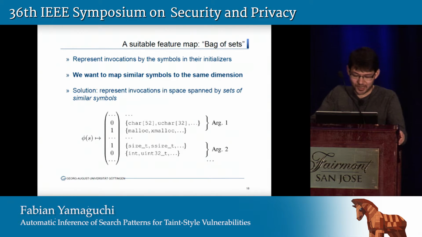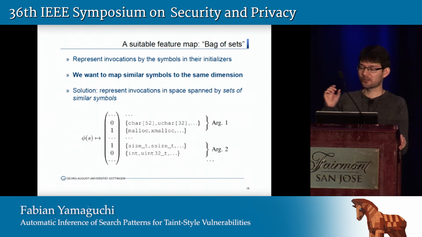A naive mapping would simply associate each symbol that occurs in the statements with one dimension. But then something like char 52 or char 32 would be considered something completely different. That's not something we want. What we want is for similar symbols to be mapped to the same dimension.